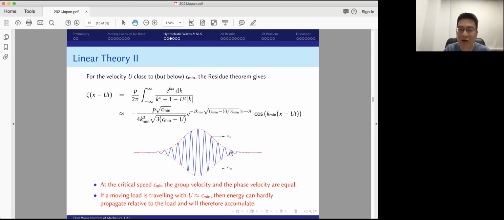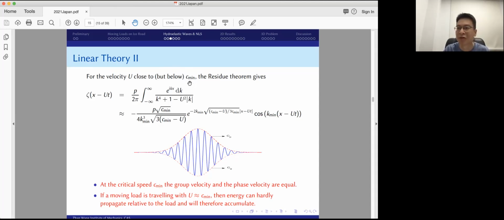You have a very long envelope, which decays to 0 in the far field, and a very fast carrier wave. And at this point the group velocity is equal to the phase velocity near the critical speed. So this point, C min, is a non-dispersive point.